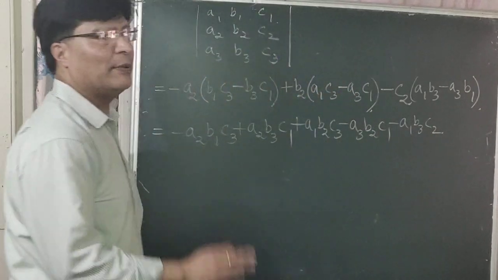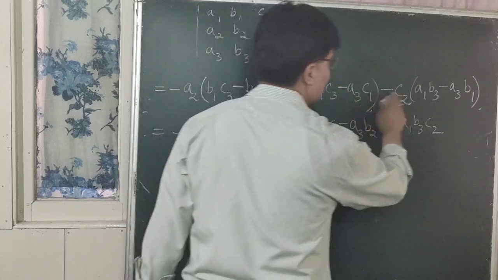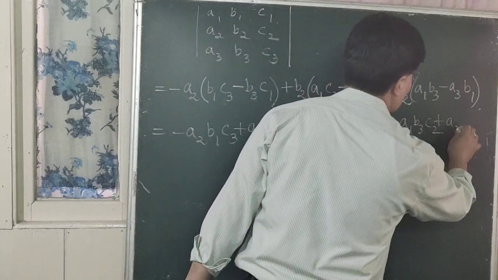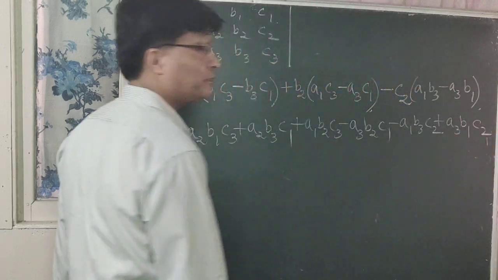So let us write down the last term. What is the last term? Minus and minus plus, that is A3 B1 C2.